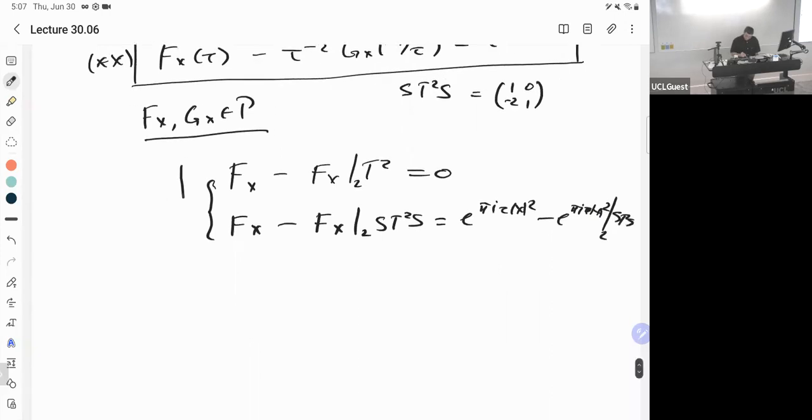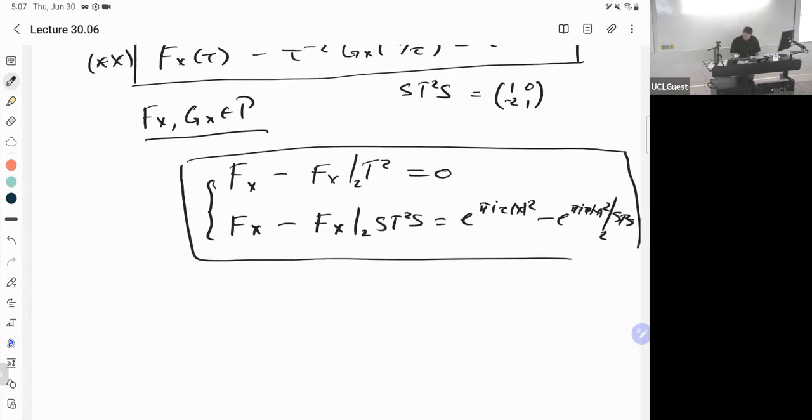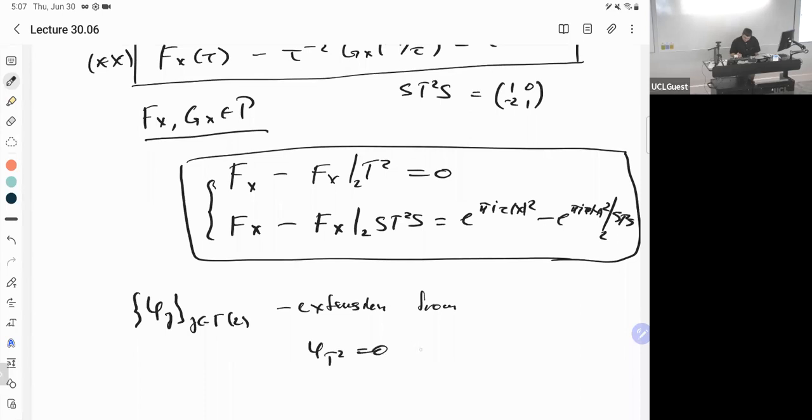And so this almost looks like a modular integral property. In fact, we just extend, so a cocycle, an extension from phi of t squared equals 0 and phi of s t squared s equals this thing here.